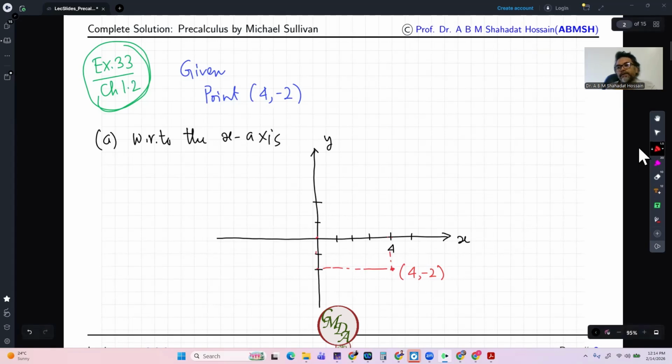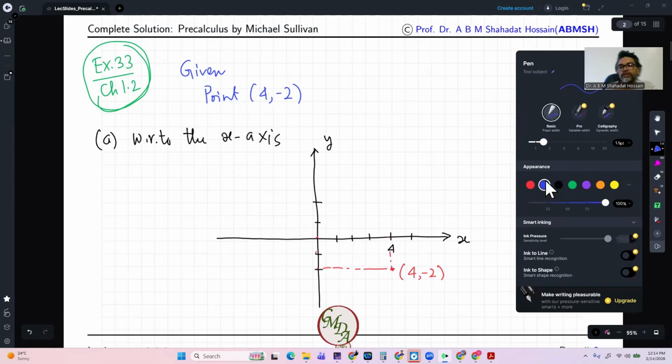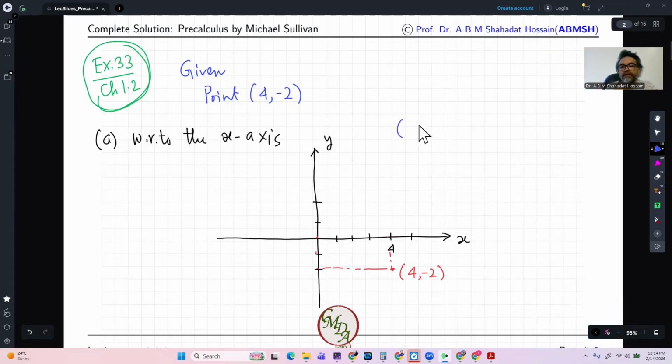The point symmetric with respect to the x-axis: if any point x, y is in the plane and it is symmetric with respect to the x-axis, then there will be another point x, minus y. Using this rule, our point 4, minus 2 gives 4, 2.